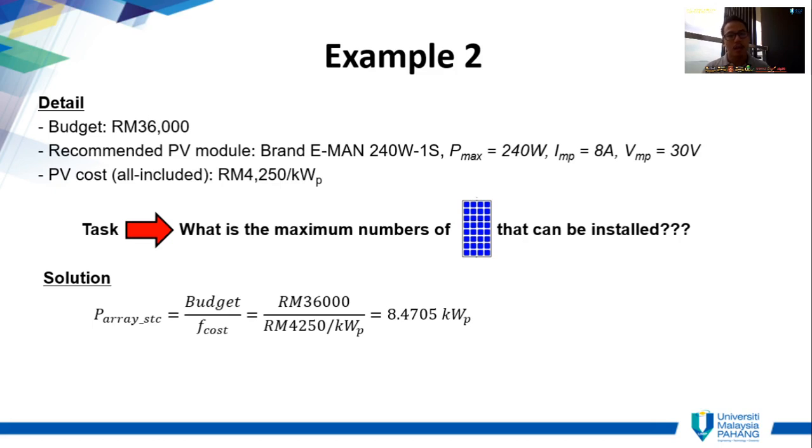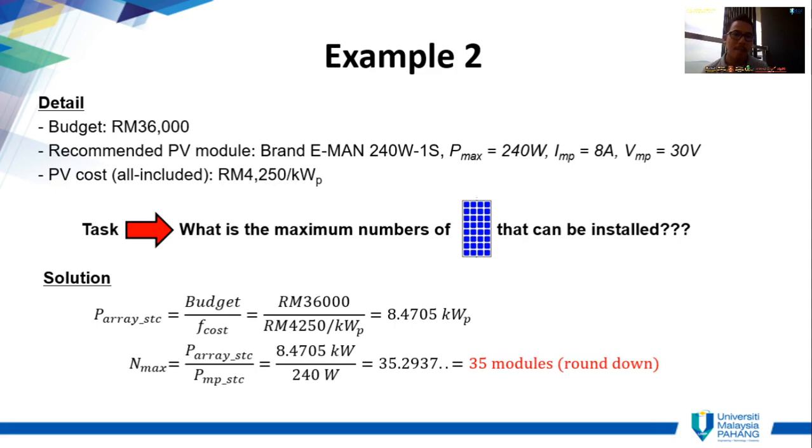So we get 8.47, around 8.5 kilowatts. From there, let's say we decide to proceed with the solar module which is 240 watts.